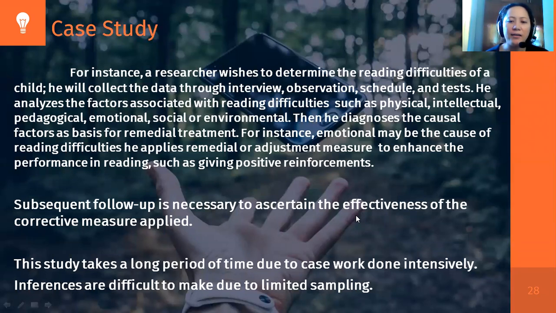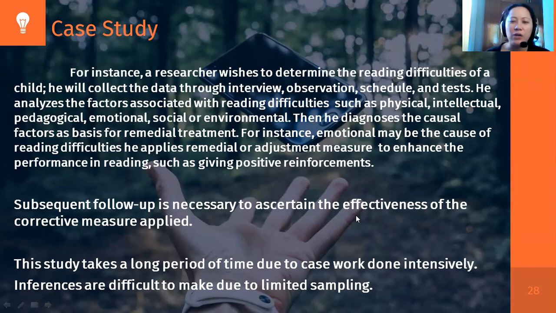Okay, so when the remedial adjustment measure is being applied to the child or to the respondent, there should be a subsequent follow-up to ascertain the effectiveness of the corrective measure applied.